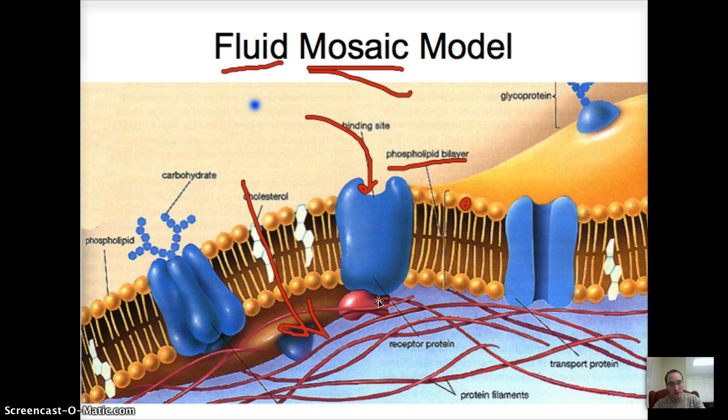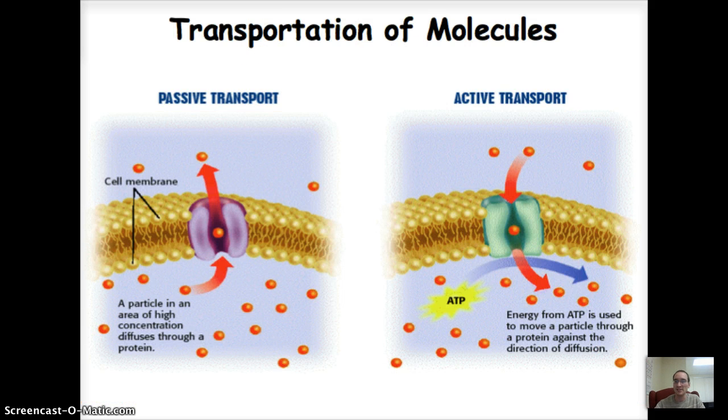But today we're going to learn about two different methods: passive transport and active transport. Now, last year we learned that all things move from a high concentration to a low concentration, and that's what passive transport is. It requires no energy because things naturally do that.